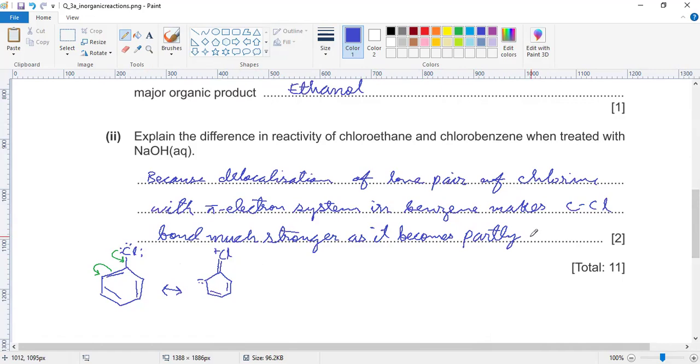So it is a partly double bond. So that's the reason that this nucleophilic substitution is not possible in chlorobenzene in normal condition, whereas in the alkane it can be substituted. So that's all for this question.